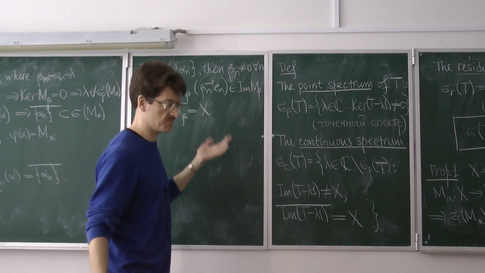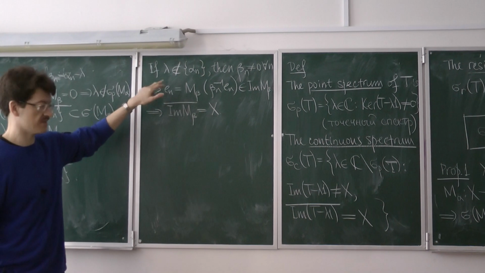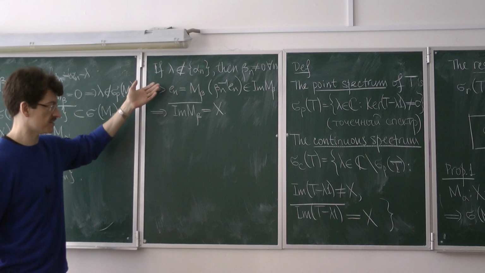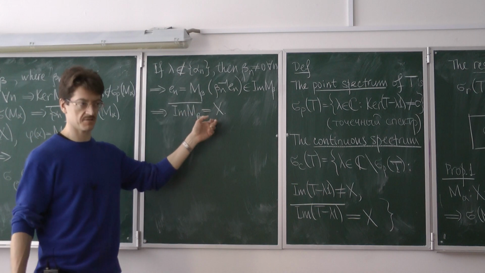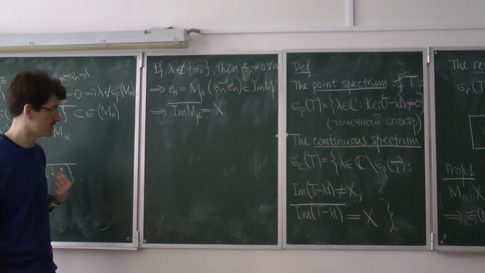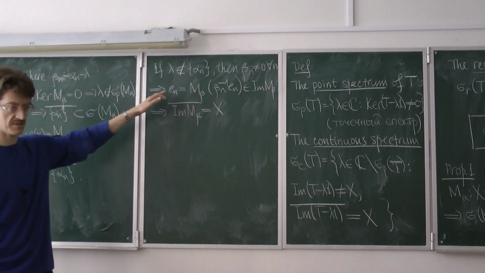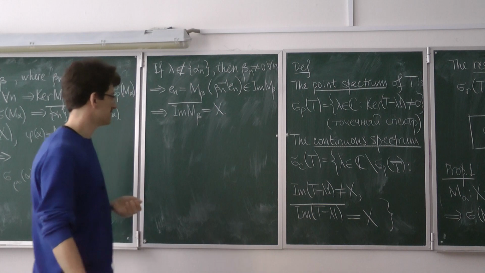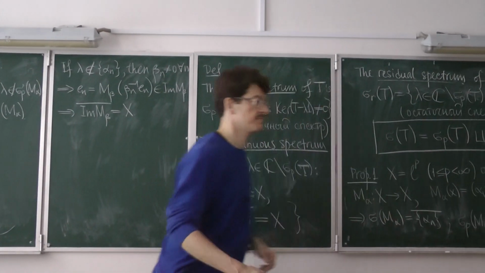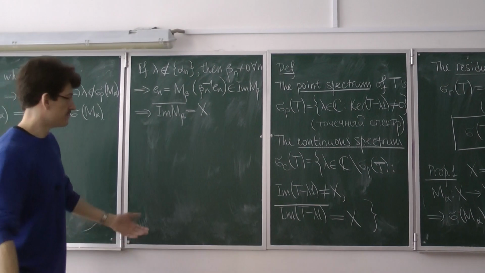So the image of M beta is bigger than the linear span of all these elements e n. It can happen that the image is already X. It can happen that the image is smaller than X. But in all cases, the image will be dense in X, because it contains all elements e n. Of course, it's essential here that p is finite. Otherwise, this argument fails. Okay, this completes the proof.